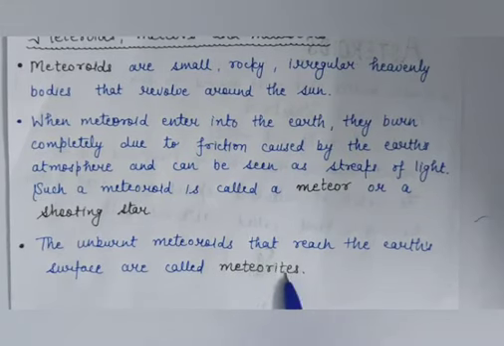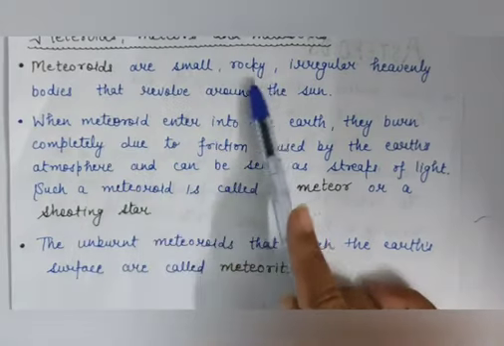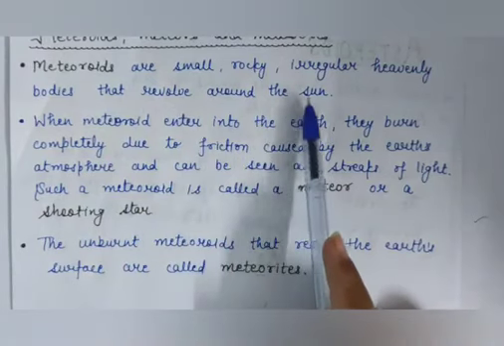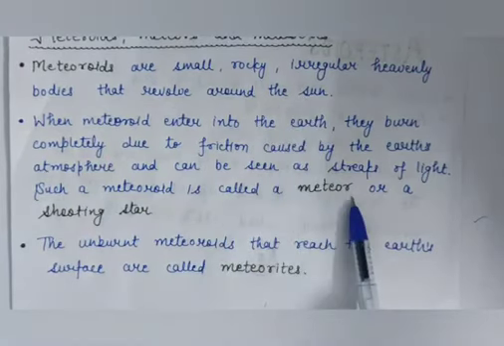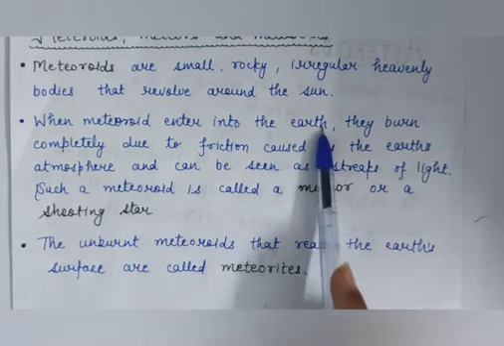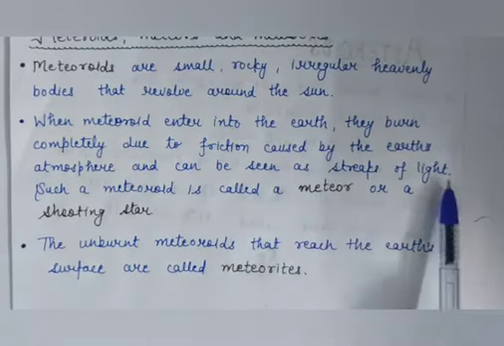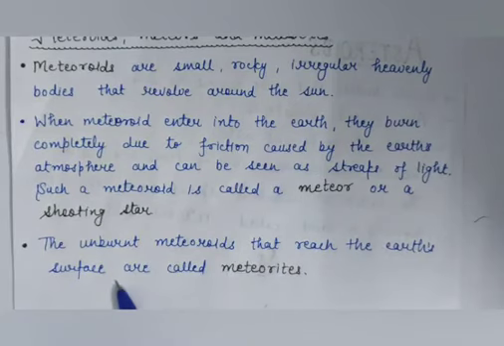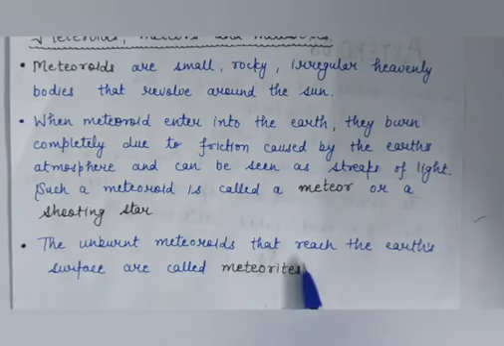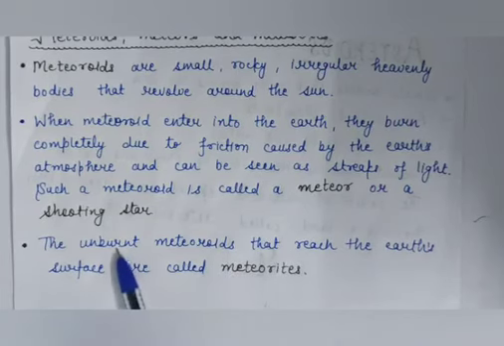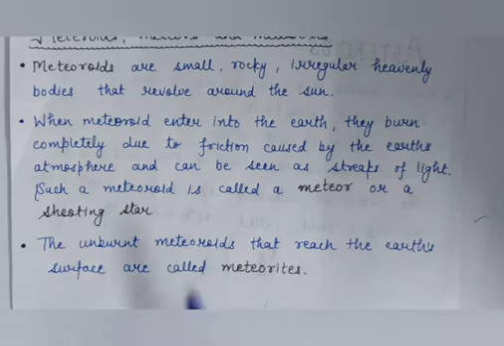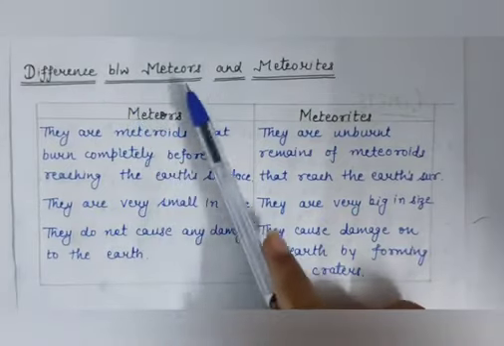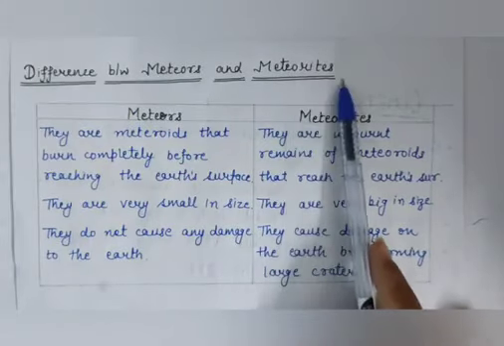Meteoroids are small, rocky, irregular bodies that revolve around the sun, meteors form when meteoroids enter the earth and are seen as streaks of light, and the unburnt meteoroids that reach the earth's surface are called meteorites.